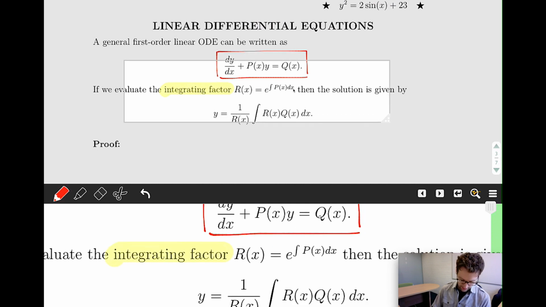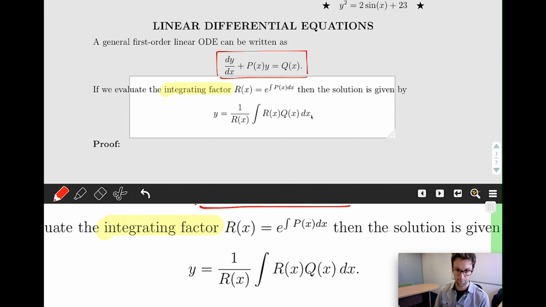And then the solution is given by this expression here. So first of all, I'm going to prove that this is true, and then I'm going to take you through the steps we need to use this integrating factor method to solve first order general ordinary differential equations.